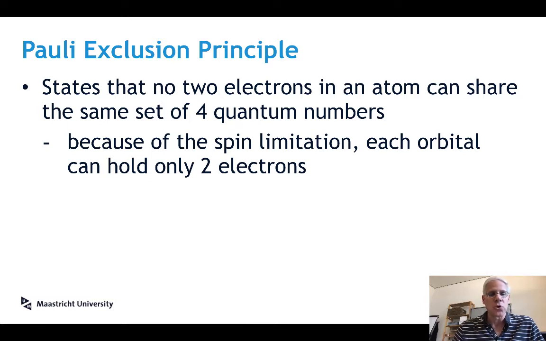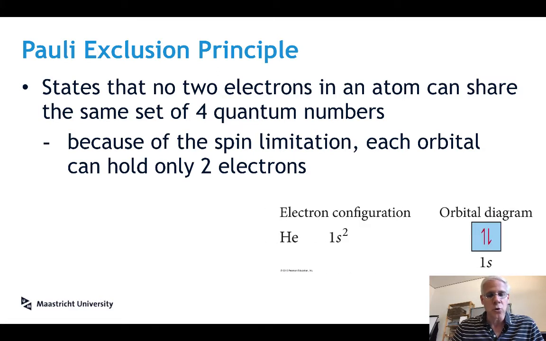And so because of spin limitation, each orbital can only hold 2 electrons, because a single orbital has the same n, L, and m sub L values, and with the m sub s values, there's only 2 possible values, and so we can only put 2 electrons into each orbital.